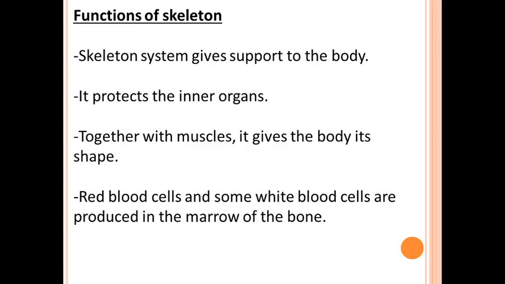So your blood cells are made in the bone marrow, which is a most important function of your skeleton. If RBC or WBC production is not there, that will affect your health and your body. So like that we have discussed the functions of the skeleton. Now again take the screenshot and write these functions.